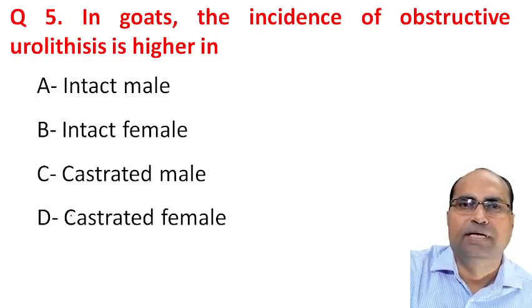Question 5. In goats, the incidence of obstructive urolithiasis is higher in: option A, intact male; option B, intact female; option C, castrated male; option D, castrated female.